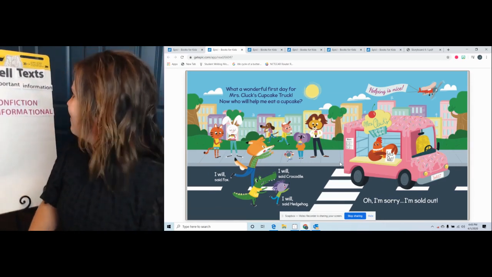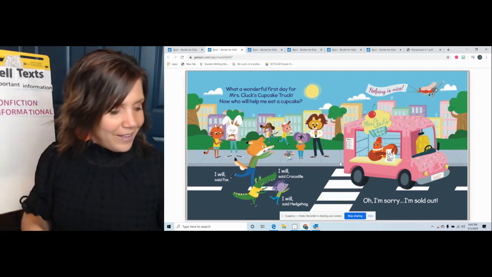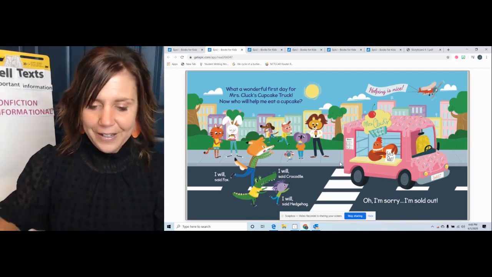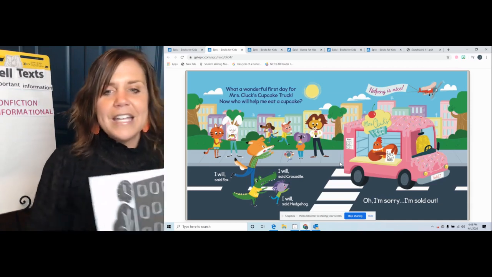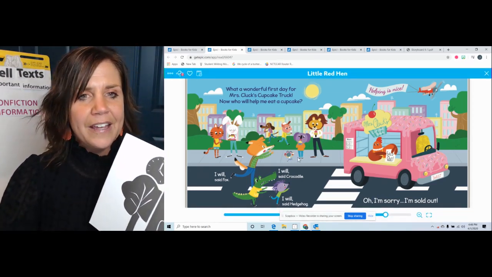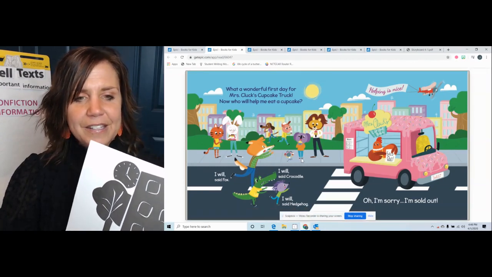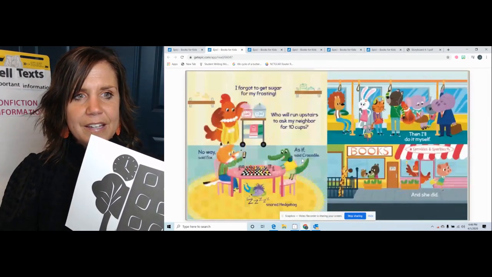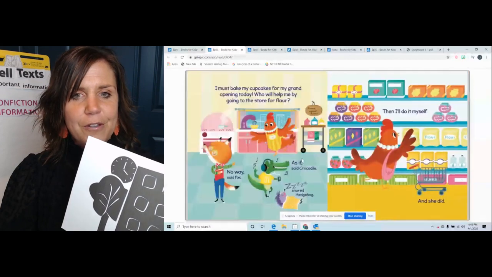All right, so let's retell this story and start with the setting. I want you guys to think about, what do you think the setting of this story is? I'll kind of flip back through here and you think for a second.